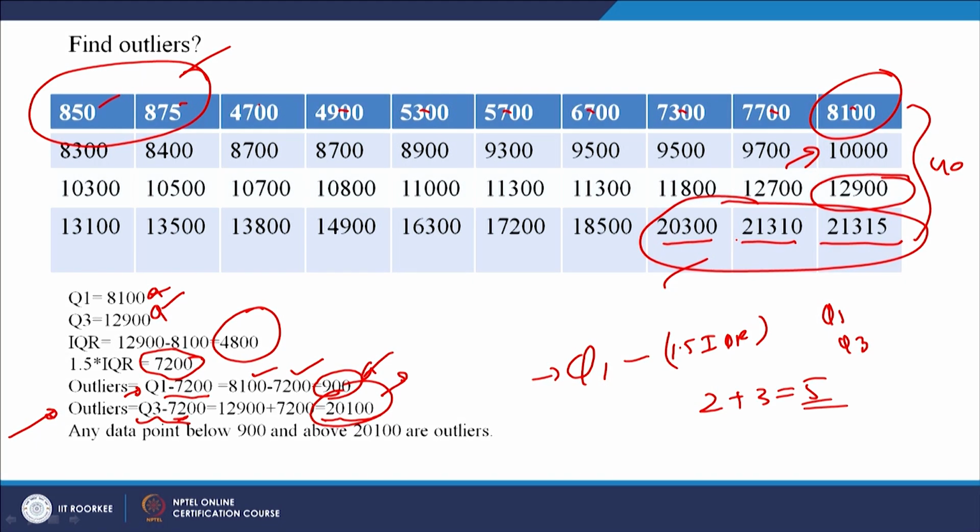Okay. Before moving on to the next slide, let me summarize what we did today. In today's session, we have seen the empirical rule for normally distributed data, in which we have said that within 1 sigma limit, 2 sigma limit and 3 sigma limit, you have got approximately 68.45, 95.45 and 99.73 percent of the data.